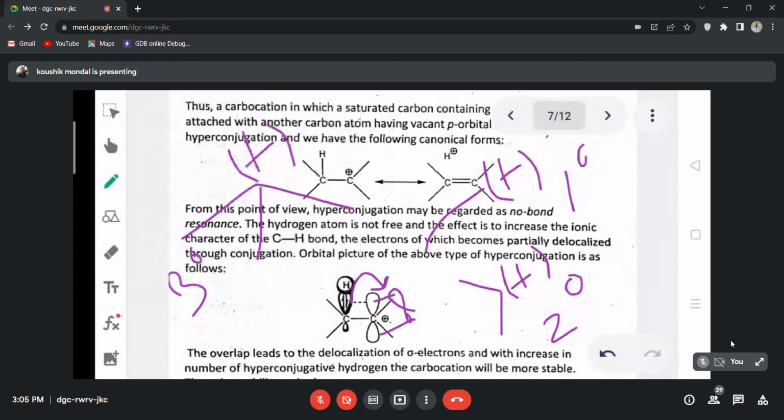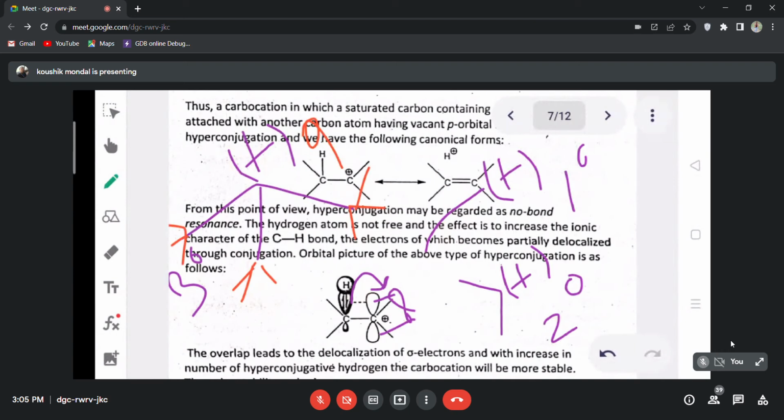For the 3 degree, how many hydrogens are there for hyperconjugation? On every carbon there are 3 hydrogens, here also 3 hydrogens and here also 3 hydrogens. So it will be stabilized by the hyperconjugative effect of 9 hydrogens.